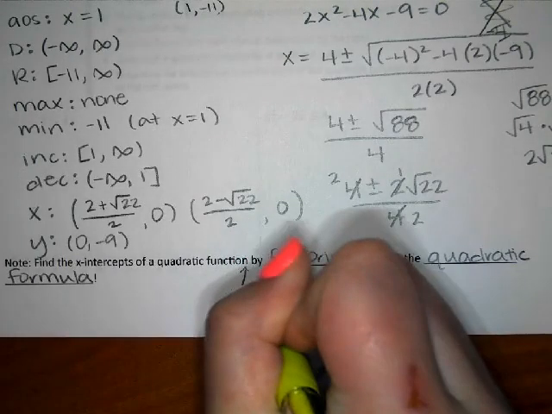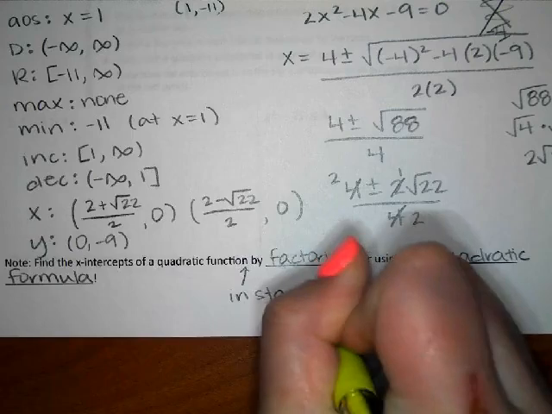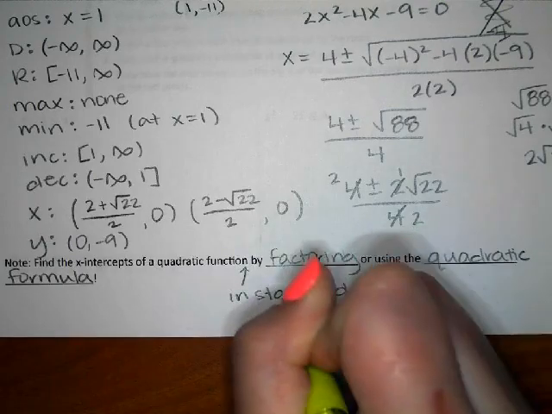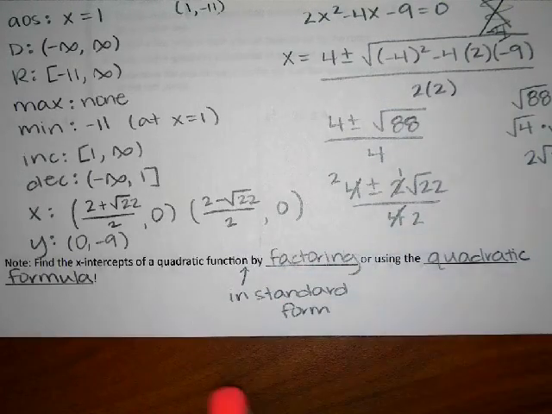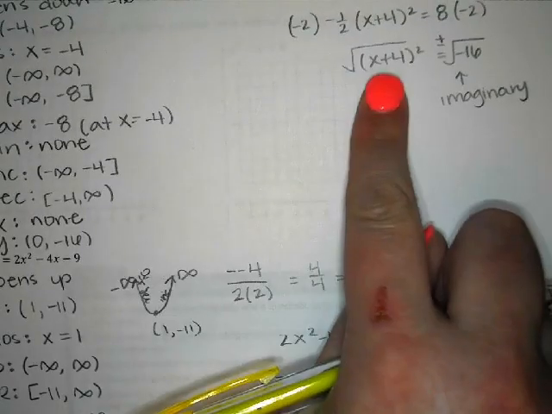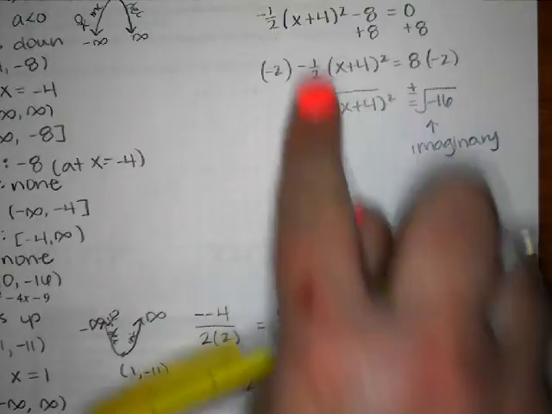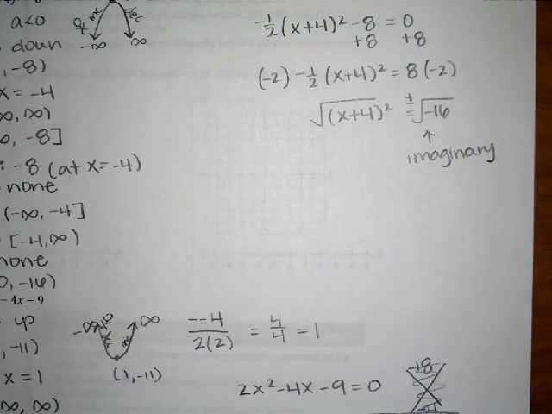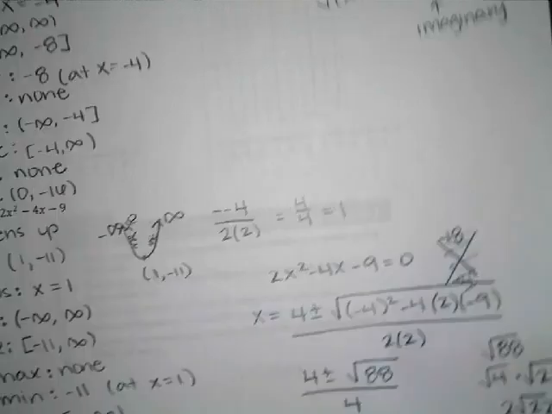Like that first example, if it's in that vertex form, it's a lot easier. You can just start moving the numbers away and trying to solve for x. But if it's in that standard form, then you're going to have to either factor it or use the quadratic formula. So use one of those methods that we reviewed in a previous section.